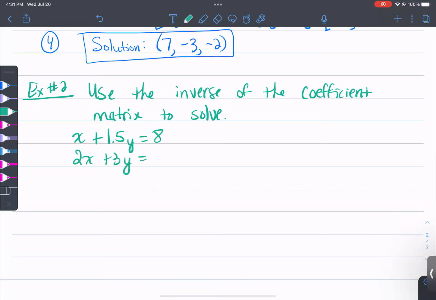So just making sure your vocabulary is clear. This is our system. We don't have any matrices yet. We're instructed to use the inverse of the coefficient matrix. That means we need to define our coefficient matrix. We only have 2 variables, so 1, 1.5, 2, and 3.